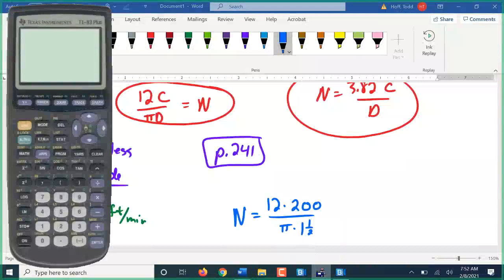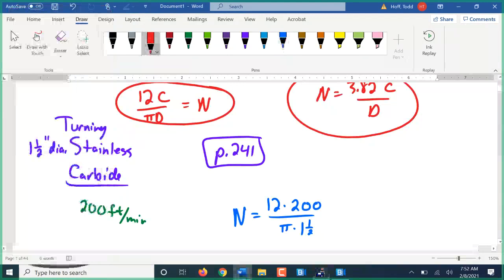When you put this in your calculator, be careful. You do 12 times 200. To divide by that, you're going to put divided by, but you're going to have to put parentheses. 3.14 or pi times 1.5. Then you have to close the parentheses.